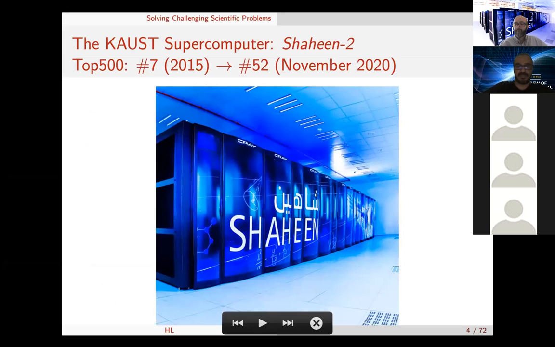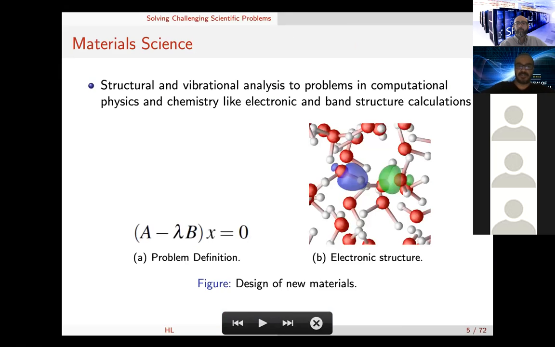So what is really important is to understand, whether it's on Shaheen or another system, how you can really extract performance. When you look at some of the applications being run on Shaheen, and this is also the case in many other supercomputers, you have many applications that consume lots of core hours. Those are, I would say, the main customers of supercomputing facilities.